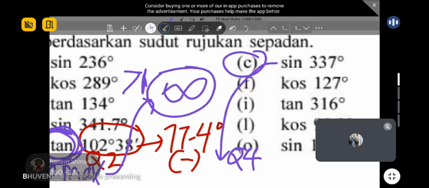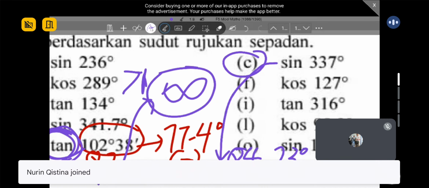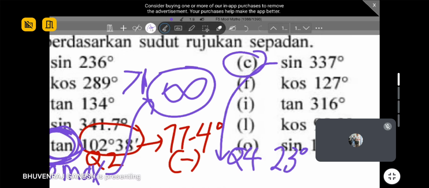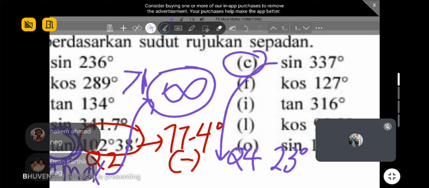Very good. Okay, so you get the technique, Adila. Okay, so the answer will be 360 minus 337, 23 degrees. Okay, 23 darjah. Okay, positive or negative for question C? Kuadran keempat bagi fungsi sine. Okay, very good. So make sure you add in the negative symbol.